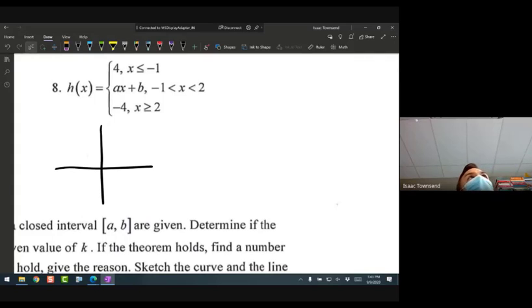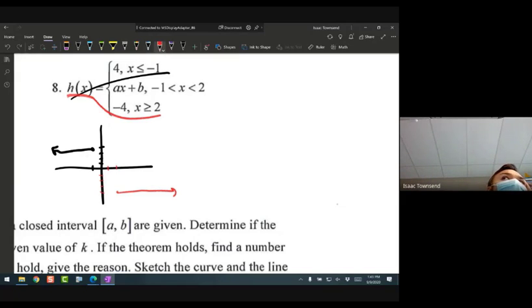If some of the graph looks like this, that's the top equation, and some of it looks like this, that equation, then if you're trying to find the values of A and B that make this continuous, I'm trying to find some line that connects these perfectly so that my whole graph is continuous, right? So I'm trying to figure out what values of A and B make that true.